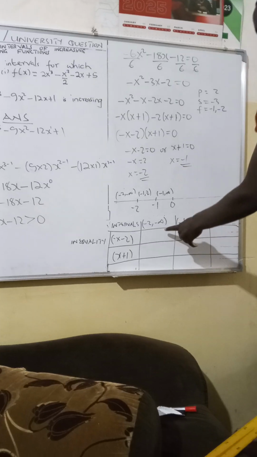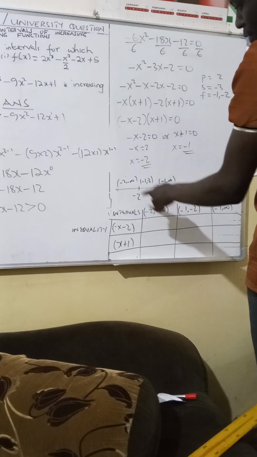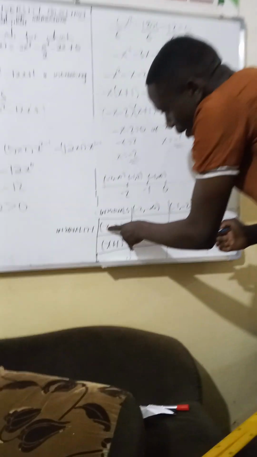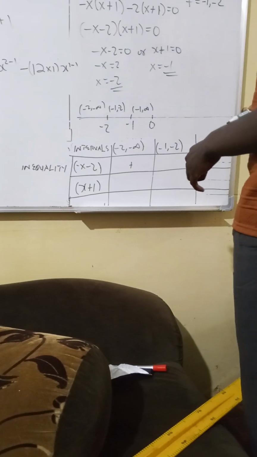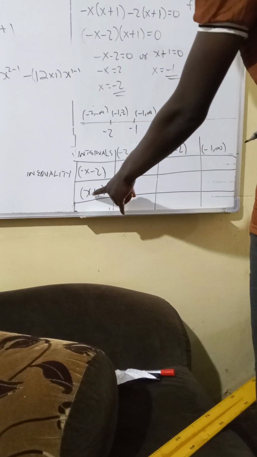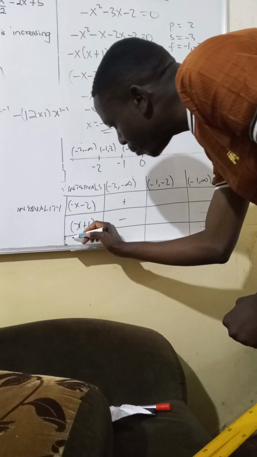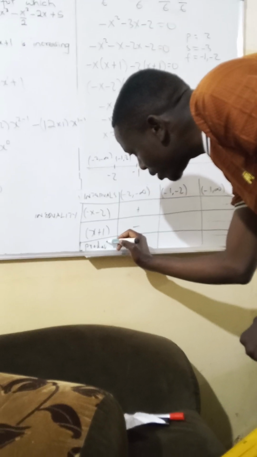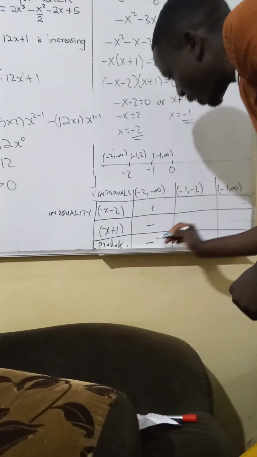Then here I'm going to have the signs. So if I pick -3, I plug in there -3, I'm going to have -3 times -1, I'm going to have +3. So in this range, it will be positive. If I pick -3 again, I plug it there, it's going to be negative. Then the product, positive times negative, I'm going to have a negative.